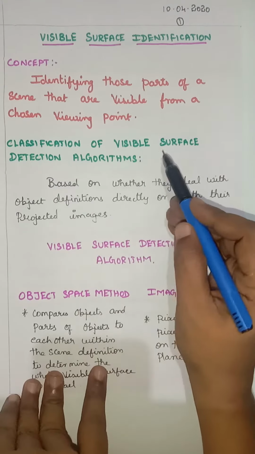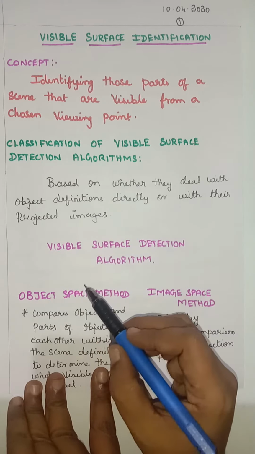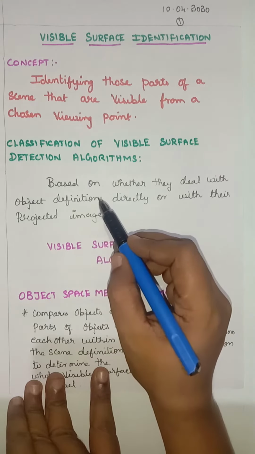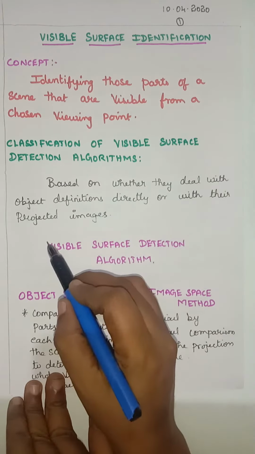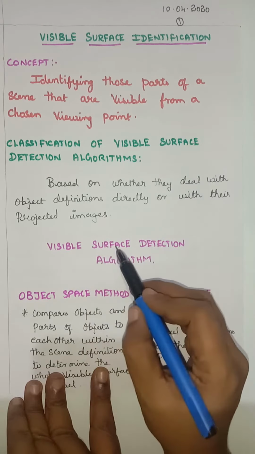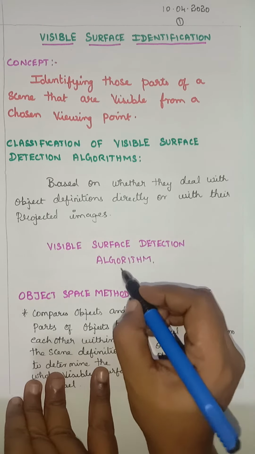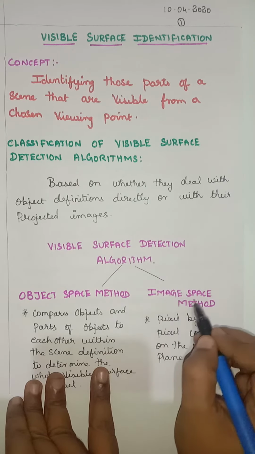The classification of visible surface detection algorithms is of two types, based on whether you are going to deal with the object definition directly or with the projected images. One is the object space method and the other is the image space method.